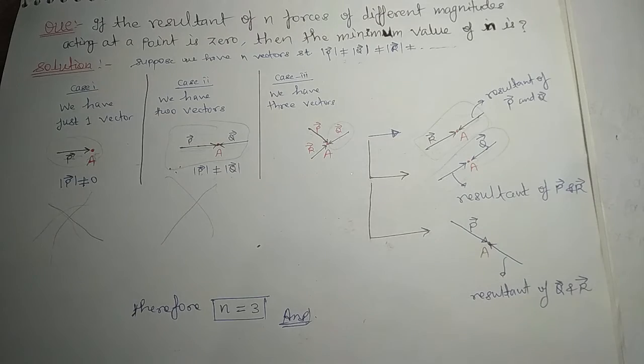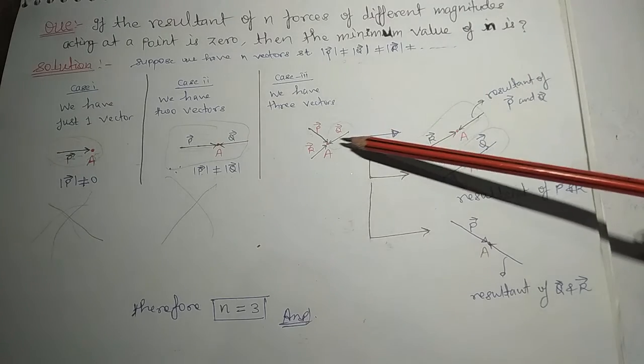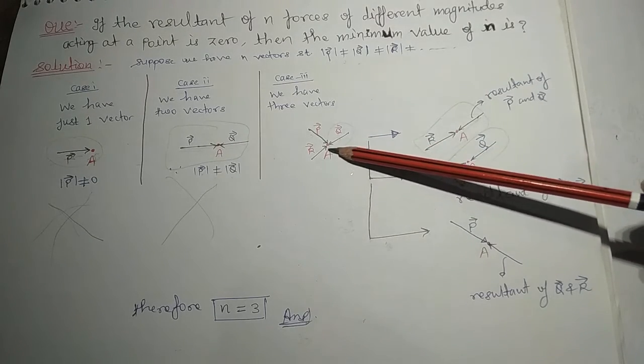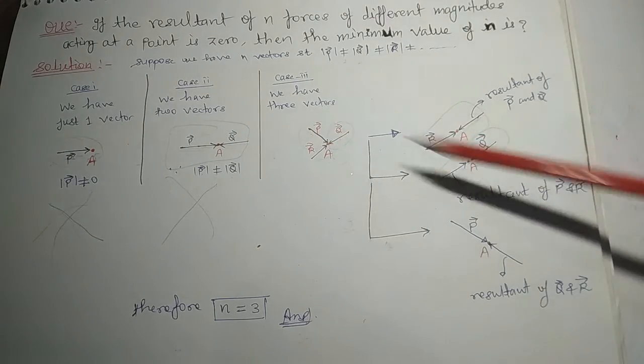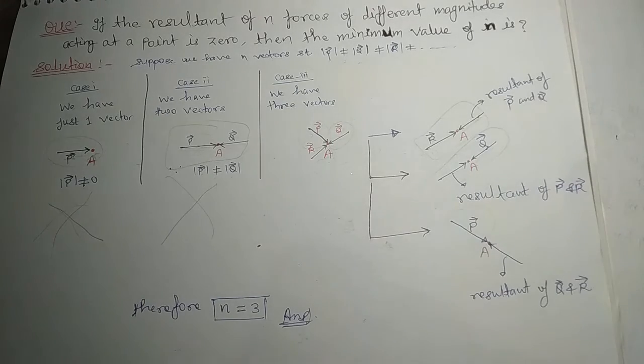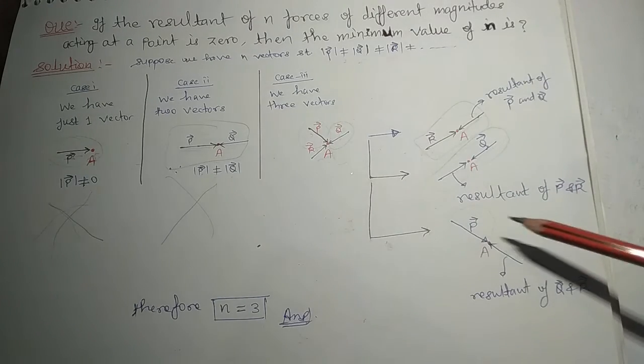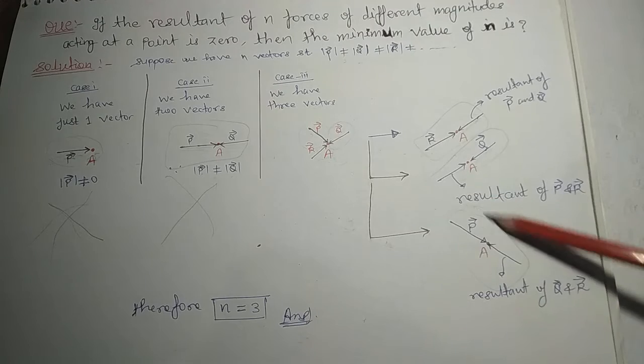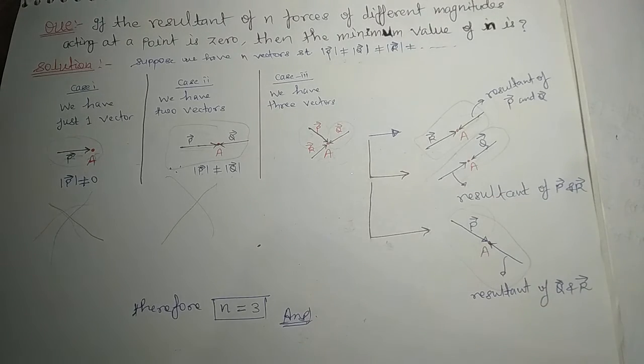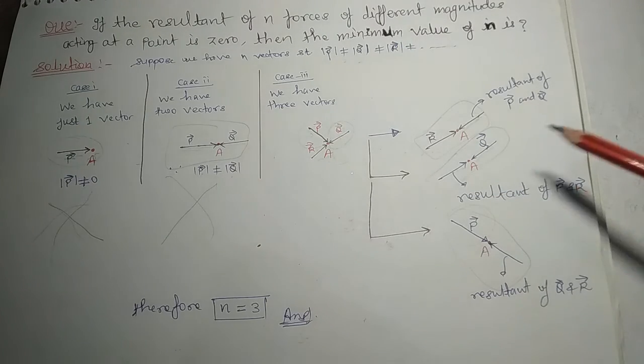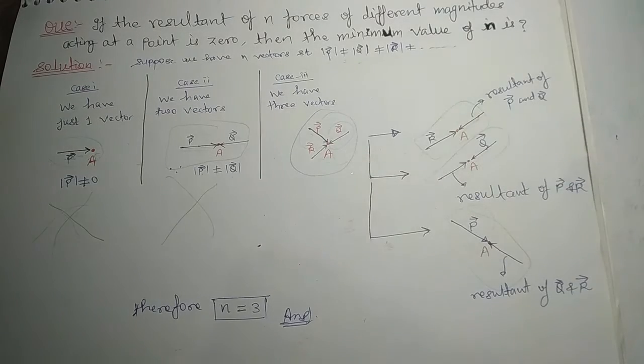And another case may arise that the resultant of force q and force r will be equal and opposite to vector p, that means force p. So here also the resultant is 0.